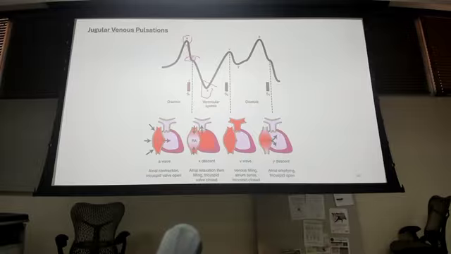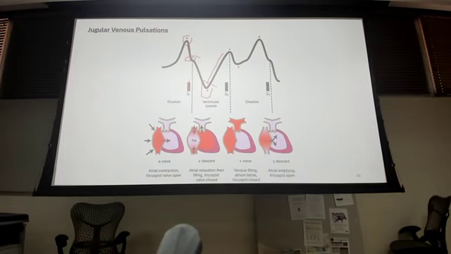The blood flow hasn't necessarily started to come back from the peripheral venous system yet, and it gives you that lowest peak, or lowest descent. And then that volume of blood starts to come back from the peripheral venous system, and that pressure starts to increase in your atria. Okay.